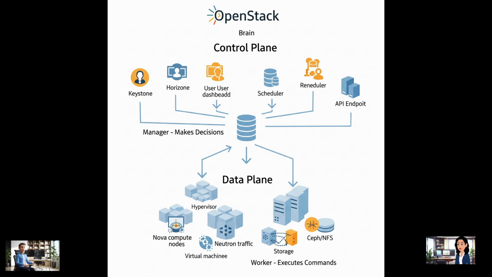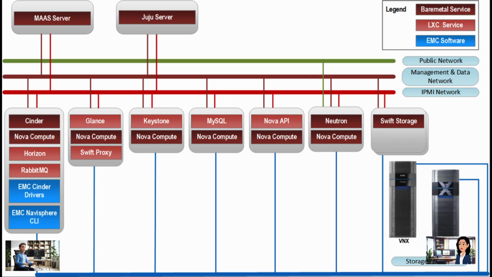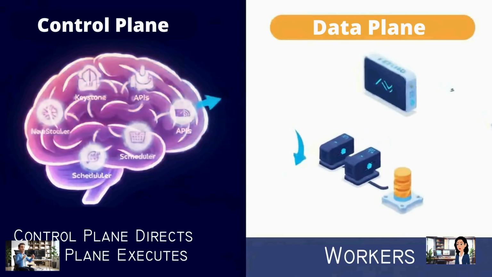The Nova API for compute requests, Neutron API for networking, Cinder API for storage, Glance API for images. So all the entry points for requests. Right. And also Horizon, which is the web dashboard, the GUI that users interact with. These control plane services handle all the requests, make scheduling decisions, talk to the database, orchestrate everything. But they don't usually run the actual user workloads themselves. Okay, so they're the managers.